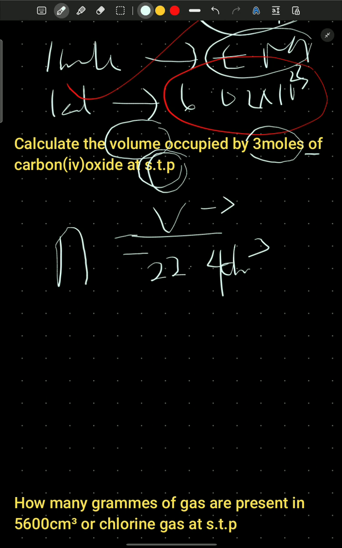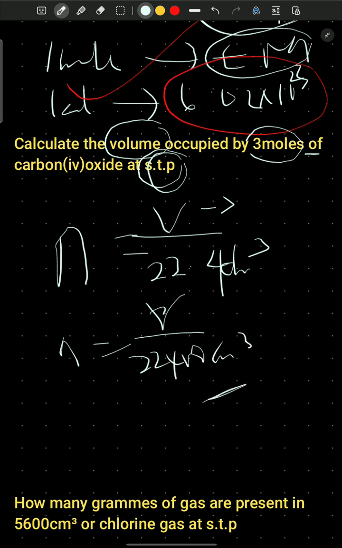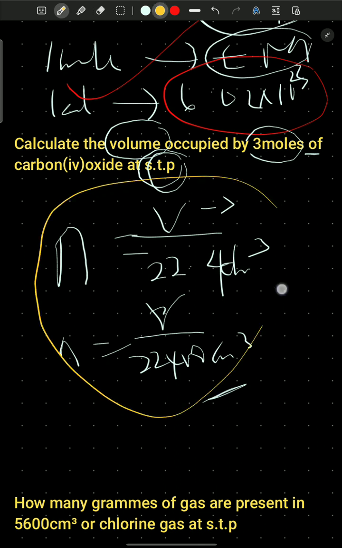But if the volume is in centimeter cube, it will be V all over 22,400. I hope that is clear to you. So please feel free to write the formula down: N equals V over 22.4 dm cube, or N equals V over 22,400 cm cube.